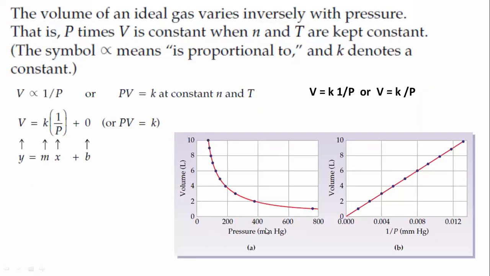When you increase the pressure, there is a sharp decrease in the volume, and when you further increase the pressure, the difference in the volume decreases within a short range, and then at a certain limit, when you further increase the pressure, there is no further decrease in the volume.